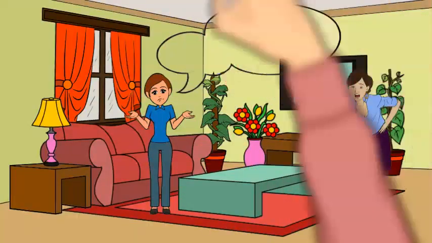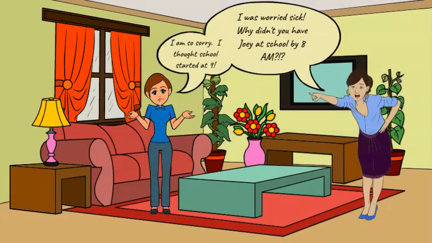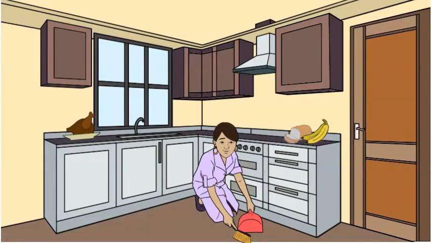When Anya gets home, she's angry with Amanda for not getting Joey to school on time. Amanda explains that she thought school started at 9 instead of 8, so in her mind, she was getting him there on time. Anya's upset and sends Amanda home for the day. Later on, Anya's cleaning up the kitchen after dinner, and she's thinking that she might have been a little hard on Amanda.